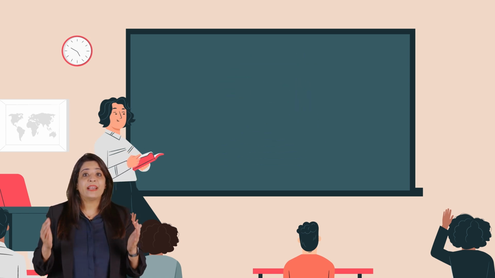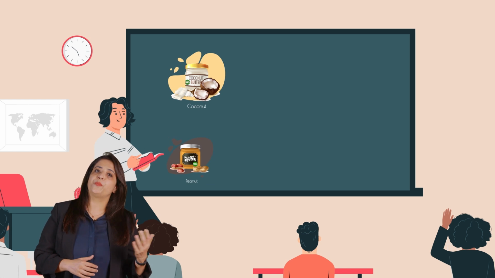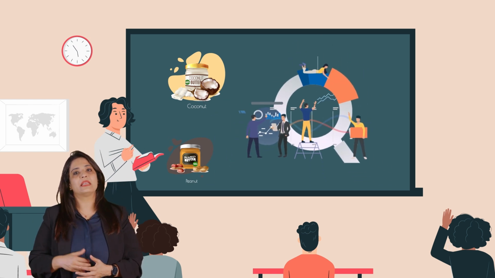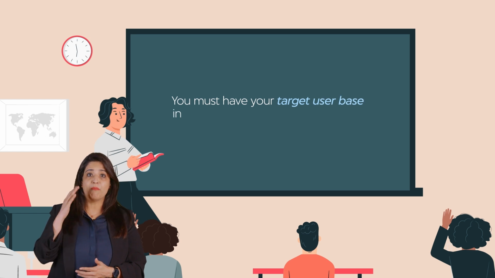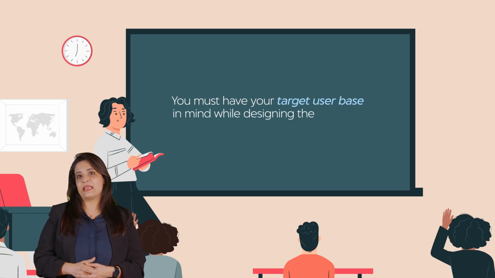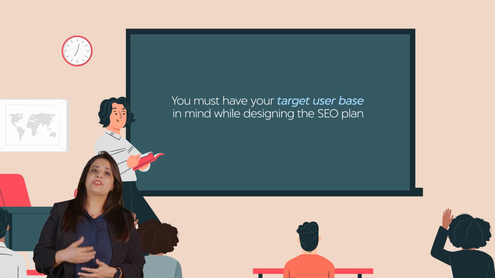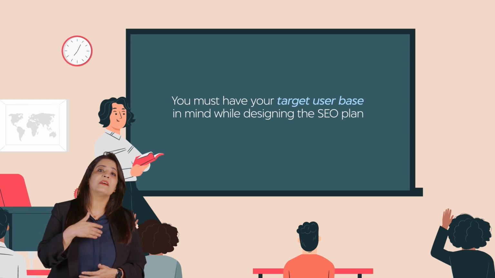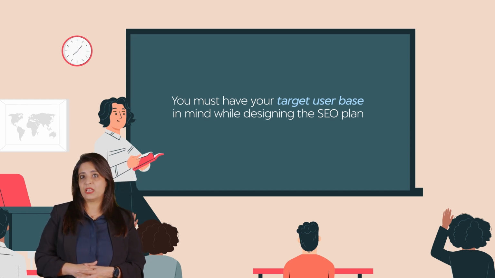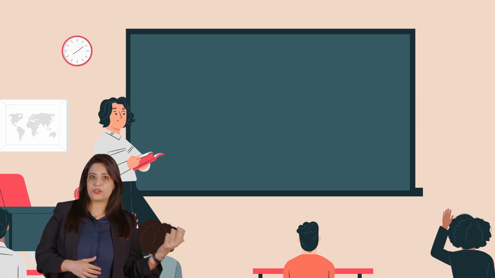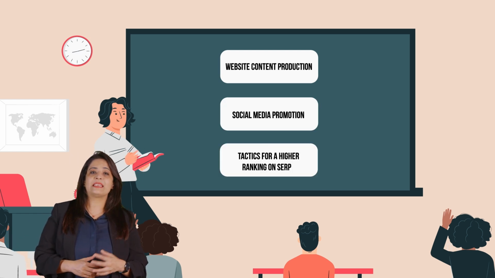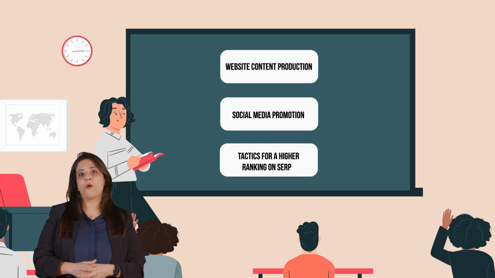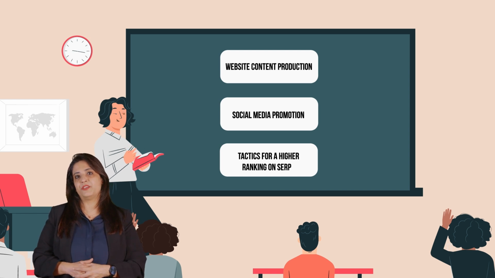This is the fundamental step for both product design and marketing plan. You must have your target user base in mind while designing the SEO plan. That defined user base will govern your SEO strategy in terms of website content production, social media promotion, and tactics for a higher ranking on the search engine results page.